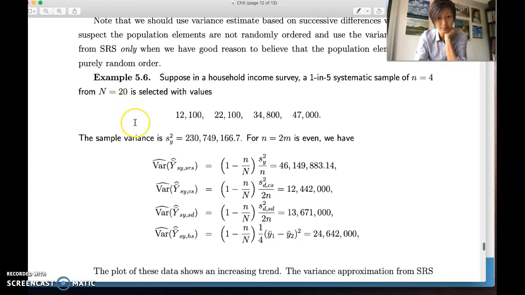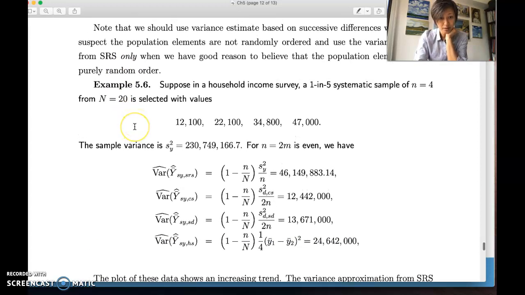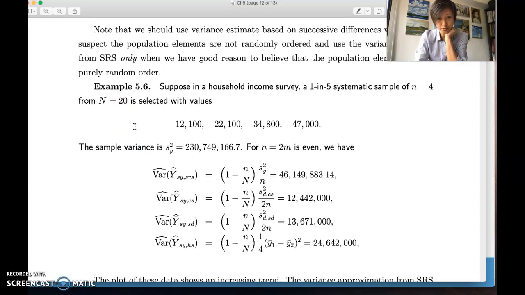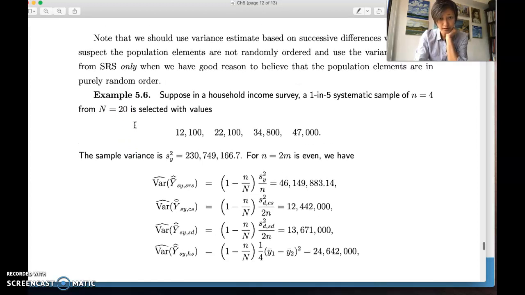So let's look at example 5.6. I have 4 data points collected in a systematic way. Okay, if I use the SRS estimator, I find this is my estimated variance. But indeed, if I use repeated systematic sampling, let's say the half sample, I can substantially reduce the variance estimate.